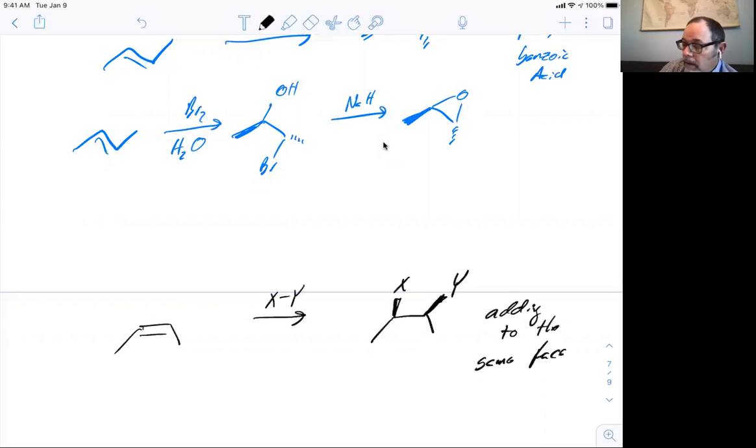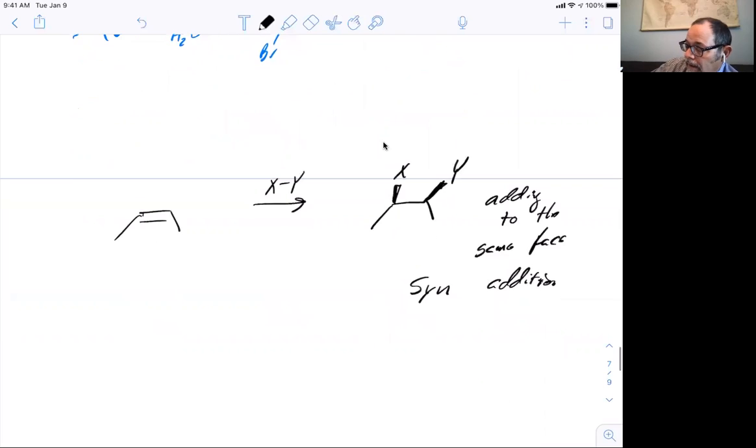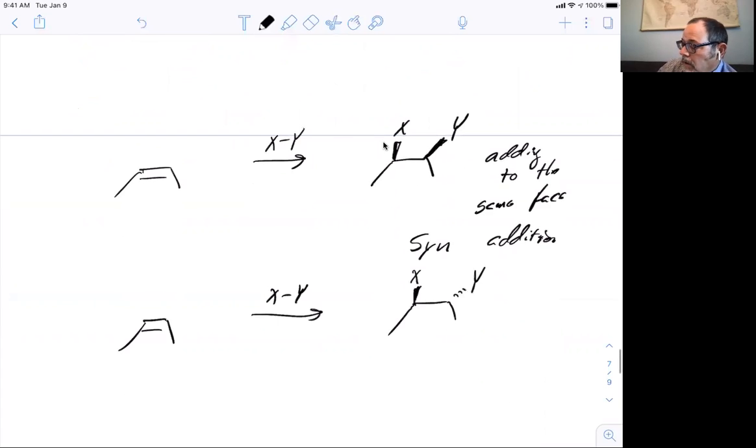So the same plane, this is going to be syn addition. If we look at an alkene and we're adding across that alkene, and in this case, we add to two different faces, this is going to be anti-addition.